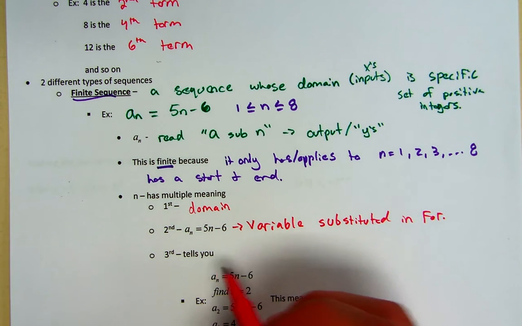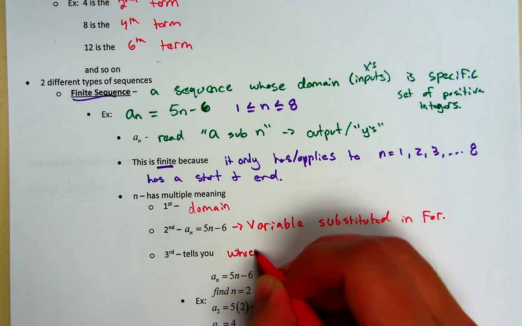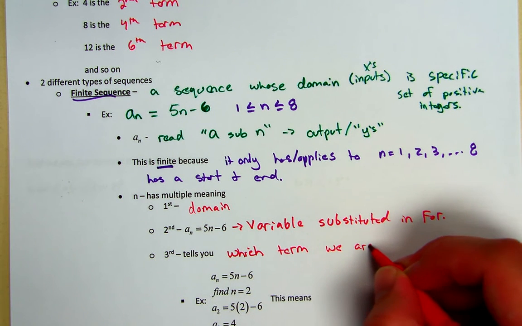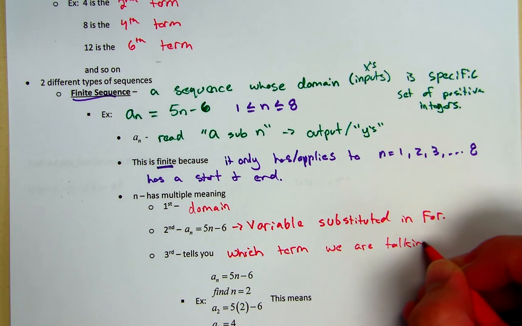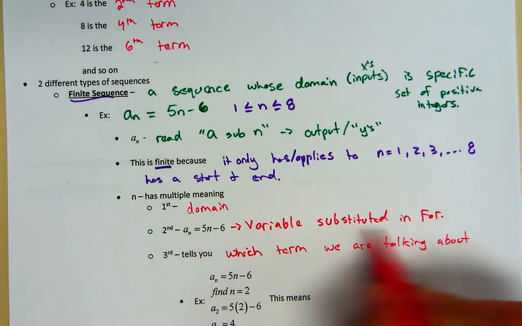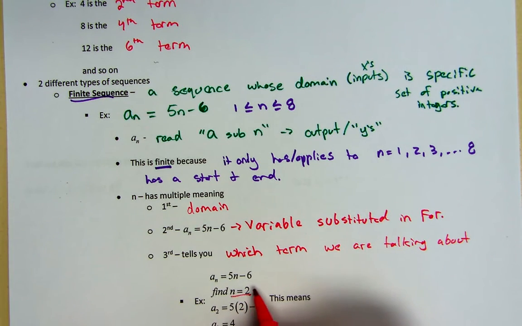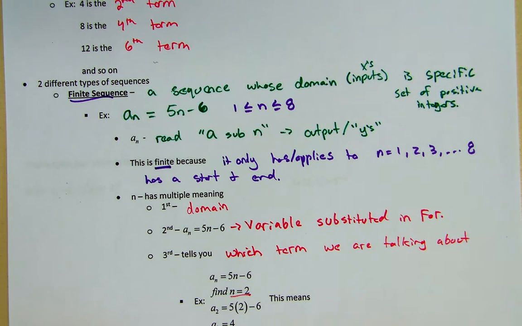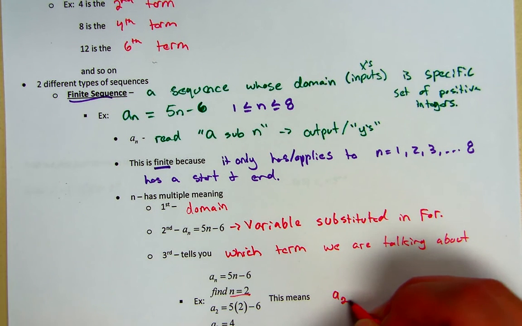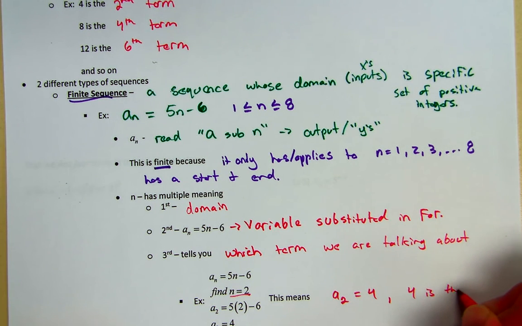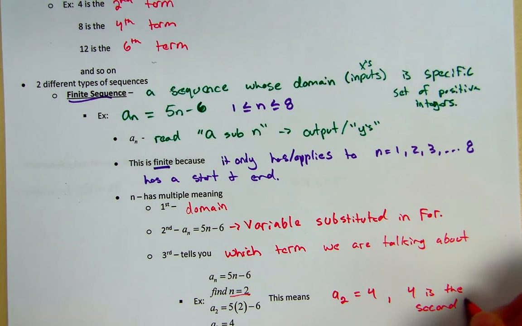Well, also, it tells us which term we are talking about. So, if I wanted to substitute in 2, then I'm substituting 2. Well, that tells us that it's the second term. So this means that we have the second term. So a sub 2 equals 4. 4 is the second term.